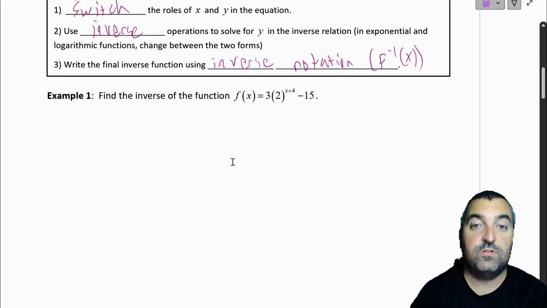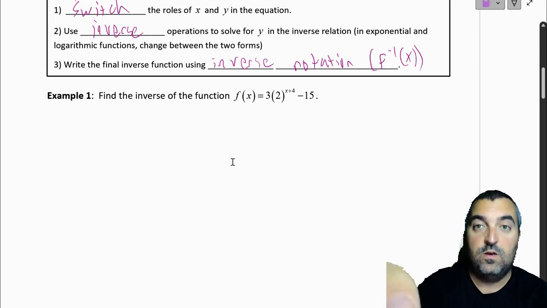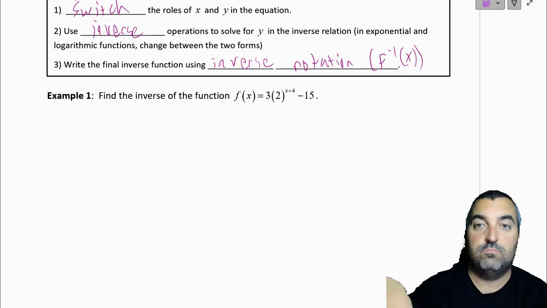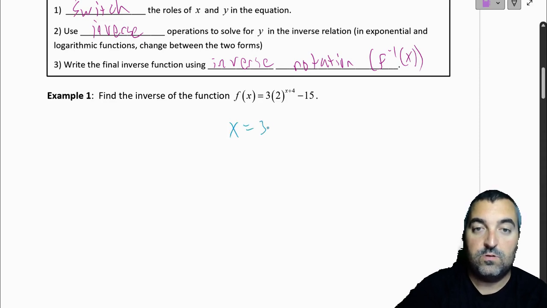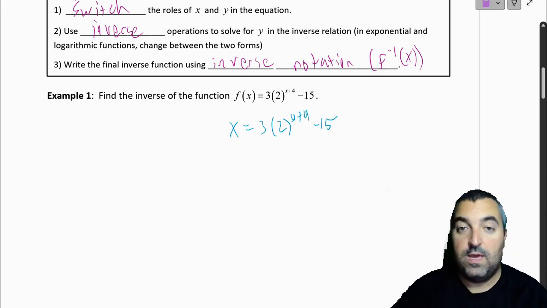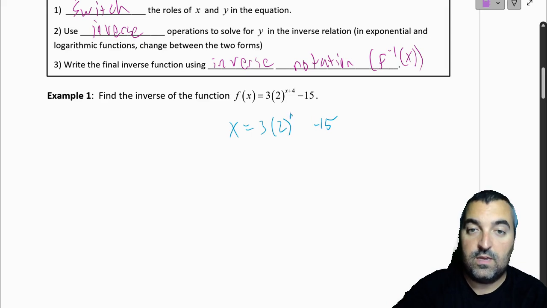All right, so here is our example. It wants us to find the inverse of this exponential. Just like for any other function, it doesn't matter that it's exponential or not. First thing we're going to do is switch x and y. So I'm going to say x equals 2 times 2 to the y plus 4, minus 15. Now we don't like having y in the equation.